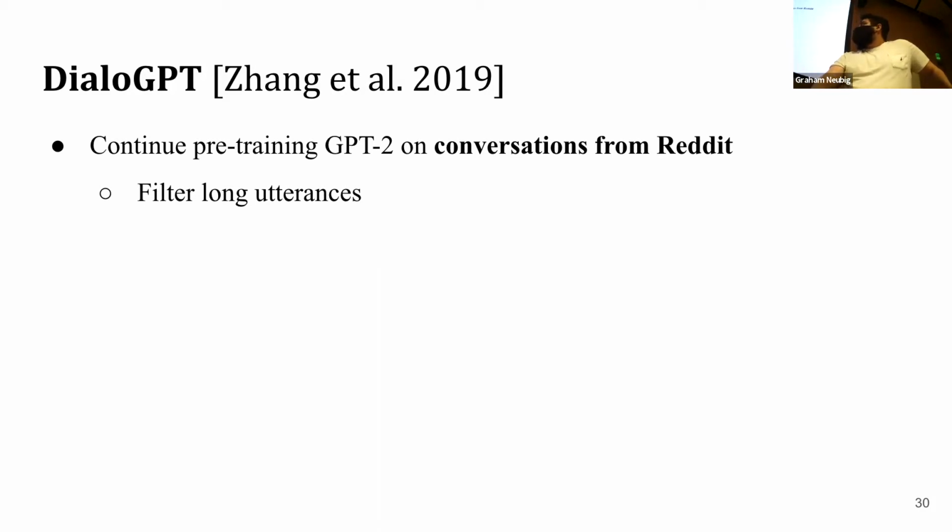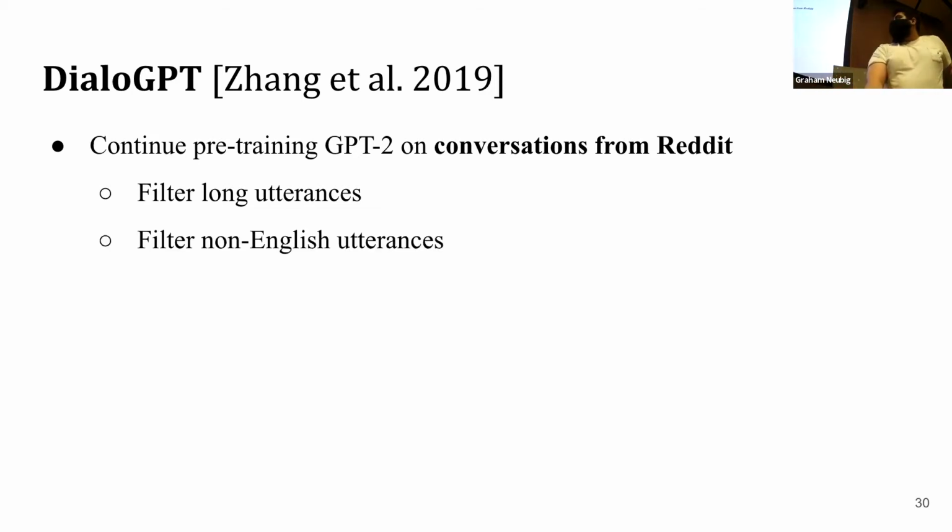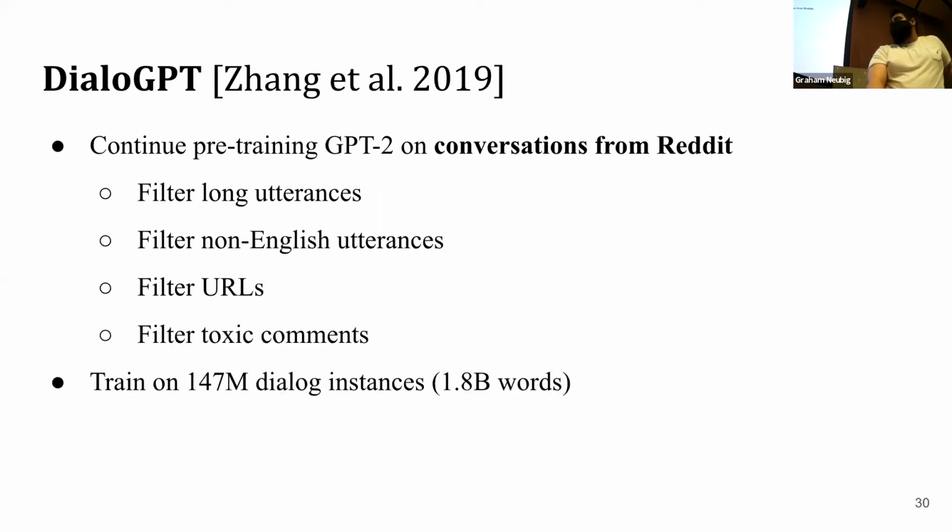So it's not really dialogue, but these guys found that if you do some amount of pre-processing, it's good enough to resemble real dialogue. So they filtered long utterances, non-English utterances, URLs, and toxic comments. And they were left with 147 million dialogues, or 1.8 billion words. And they continued pre-training GPT-2 on these dialogues.